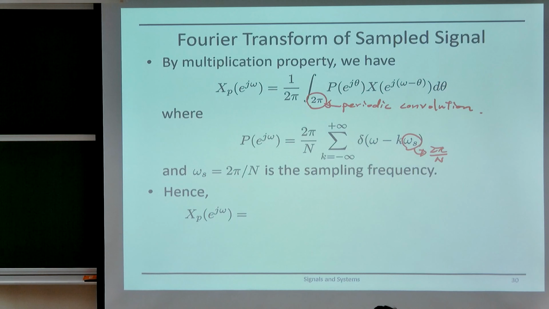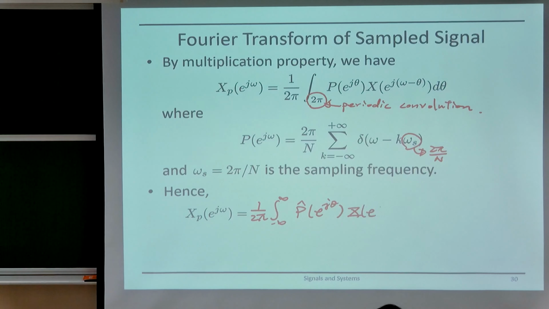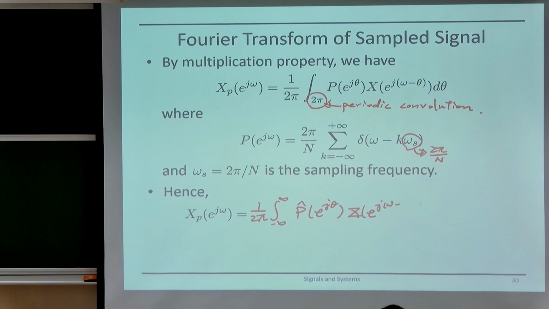Suppose we take a period of p, the value of p over a 2 pi range. This will give us 1 over 2 pi integral from minus infinity to infinity p hat e to the j theta times x e to the j omega minus theta d theta.